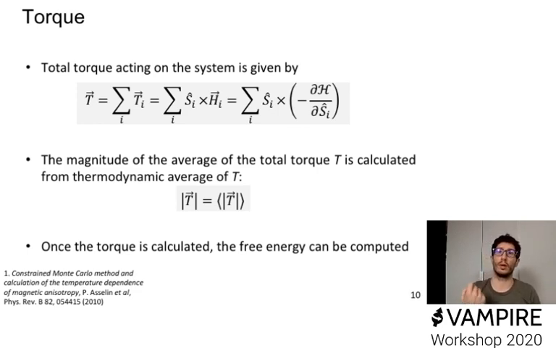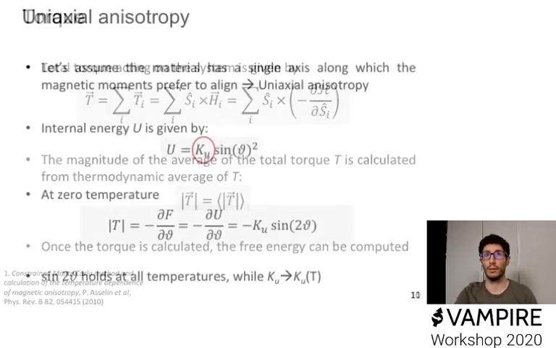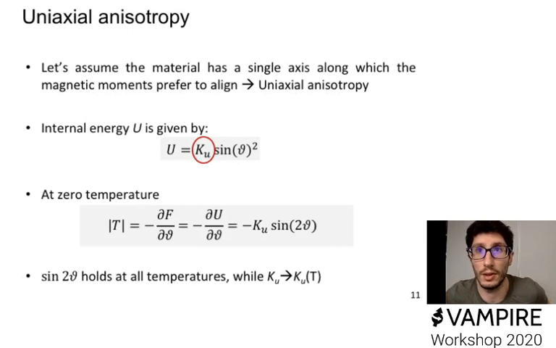So the results that we will obtain running Vampire will be the torque. The only thing left to be done by ourselves is then the integration over the angular distribution. But let's see a few examples of systems.